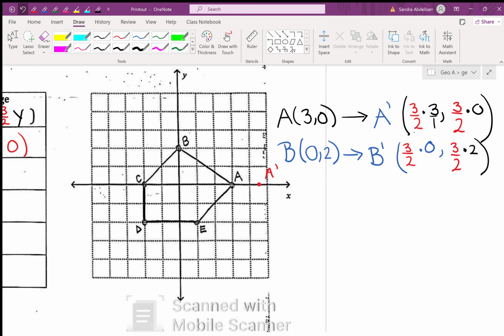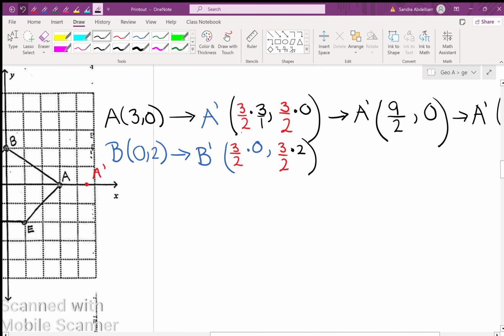Well, 0 times anything is 0. And then for the second part, the 3 halves times 2, can I cross simplify this? Yeah, we can cross simplify. 2 goes into 2 how many times? 1 time.